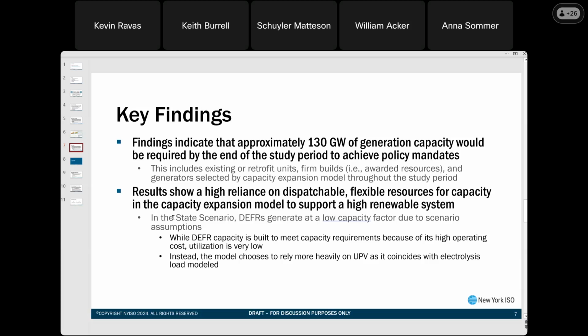And this last bullet here highlights what I was just discussing about the defers: how it builds those defers specifically for capacity requirements as opposed to actual generation, while the system instead relies on the renewables for actual energy.